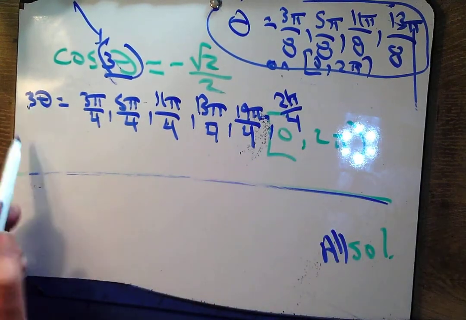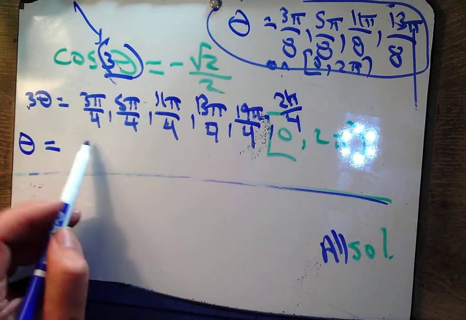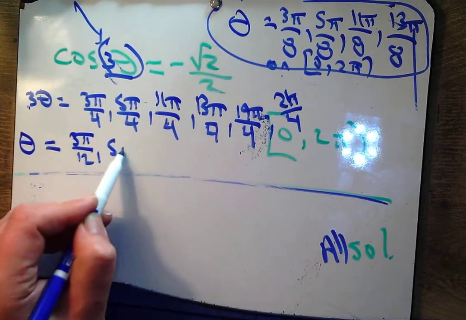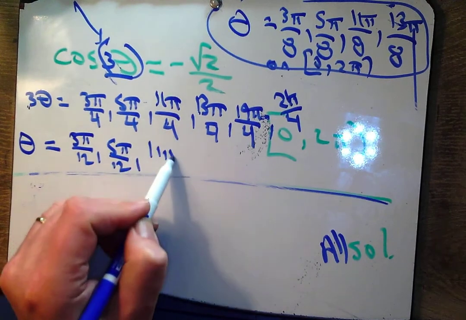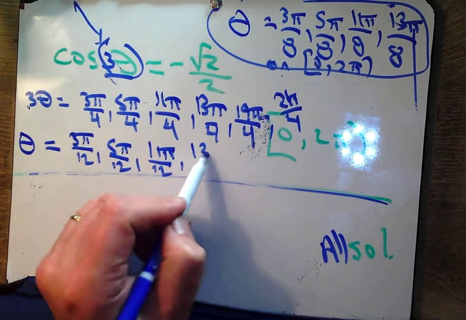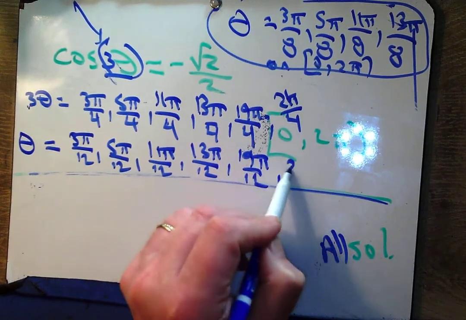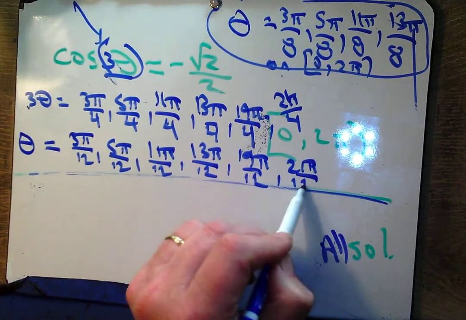But that's 3 theta, not theta, and so I'm going to divide everywhere by 3. 3 pi over 12, 5 pi over 12, 11 pi over 12, 13 pi over 12, 19 pi over 12, and 21 pi over 12.